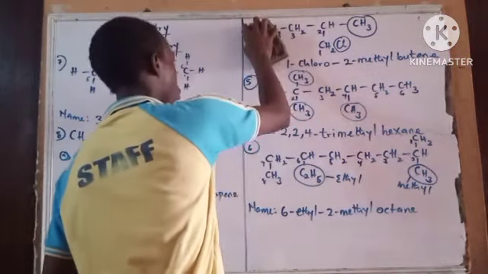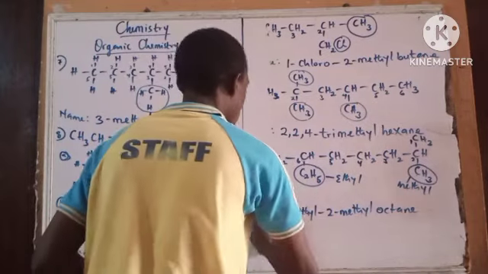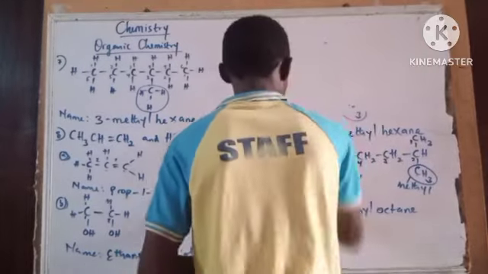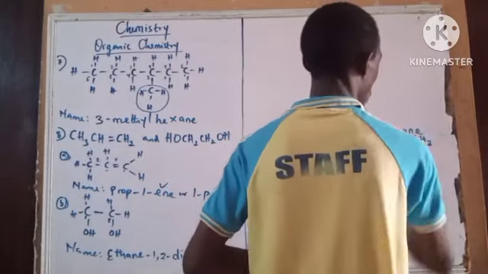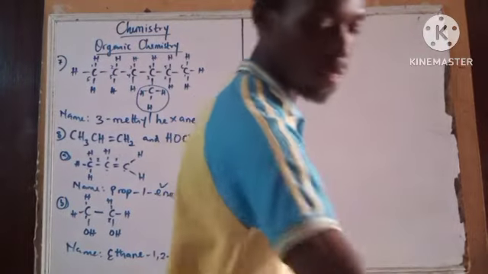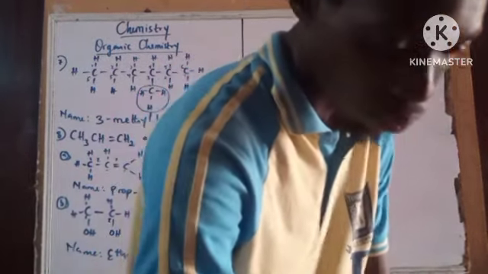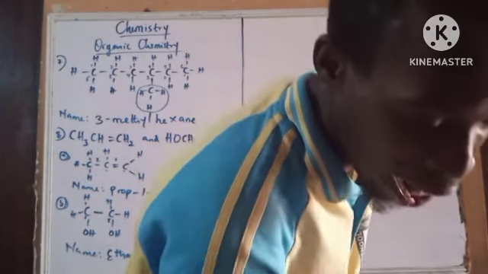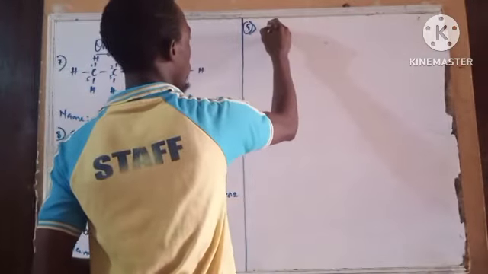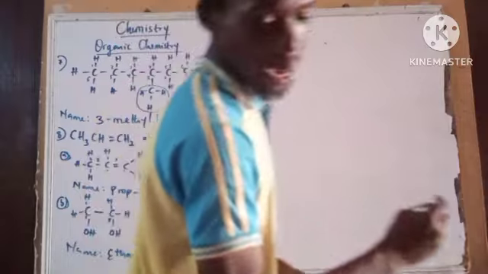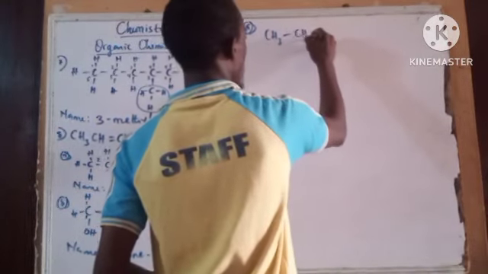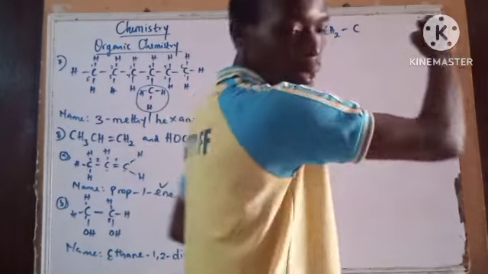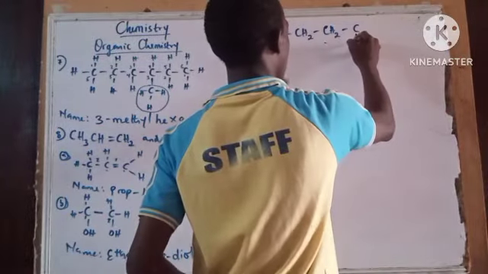Now let's look at question number 9 and 10 as we bring everything to a close. For question number 9, I have CH3, CH2, CH2, C, and CH3 here.